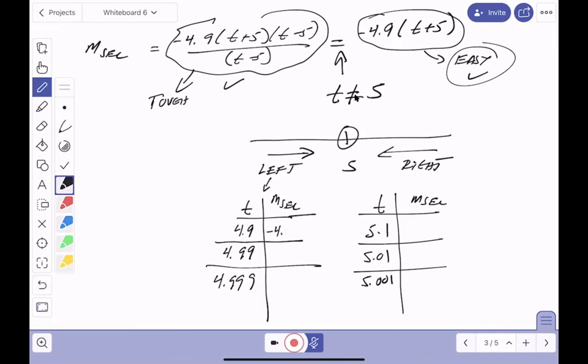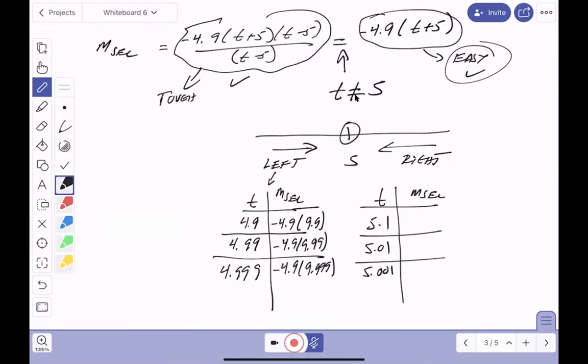Minus 4.9. And what's 4.9 plus 5? It's going to be 9.9. Minus 4.9 times 9.99. Minus 4.9 times 9.999.